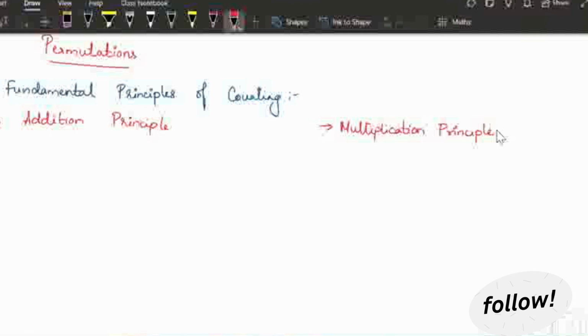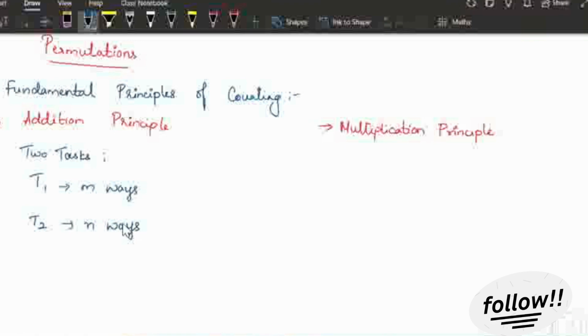So what is the addition principle? If you have two tasks, we are going to discuss this with two tasks. The same is applicable for more than two tasks also. So if we have two tasks, T1 and T2, and T1 can be done in M ways, and T2 can be done in N ways.